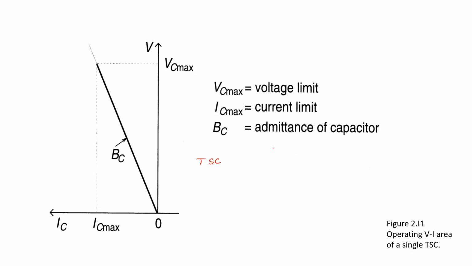But if we are using a number of capacitors, say for example, the circuit is like that. This is capacitor number 1, which is handled with the help of bidirectional thyristor valves.